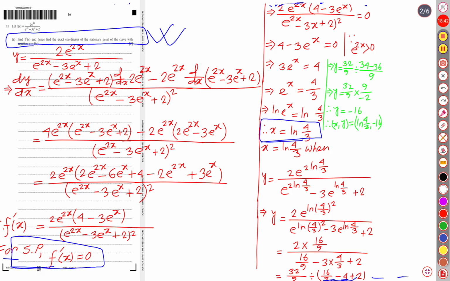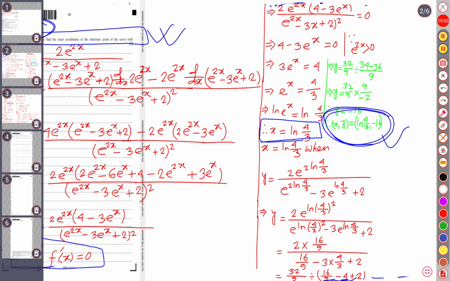Then substituting this ln 4 over 3 in the function, we get the corresponding value of y. Then ultimately the coordinates of the stationary point are ln 4 over 3, negative 16. Let's see what question B says.